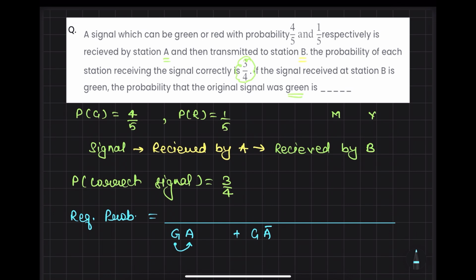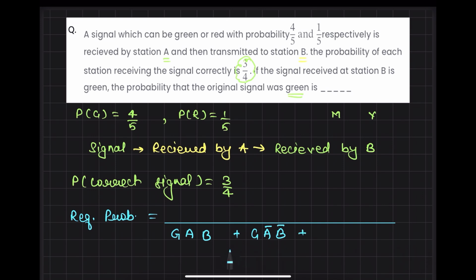Now this green will be transmitted to B, and B has to get green, means B will have the correct signal. Now suppose that it was green signal and A has received wrong signal, means A has received red. Now under what condition B will receive green signal? If this red is being transmitted but B will receive green signal, means B should also receive the wrong signal. Is that okay? So this is first two cases.